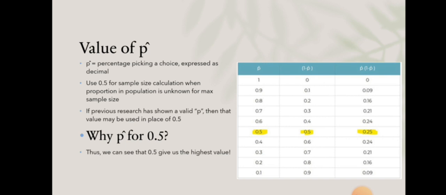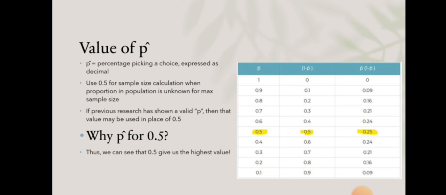Now look at the values of P times 1 minus P in column 3. At 0.5, shaded in yellow, 0.5 times 0.5 is 0.25. So the largest value in column 3, P times 1 minus P, is 0.25.